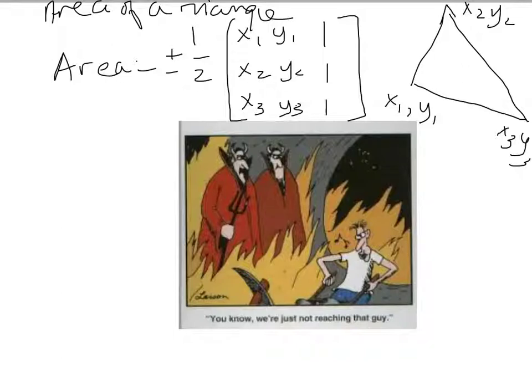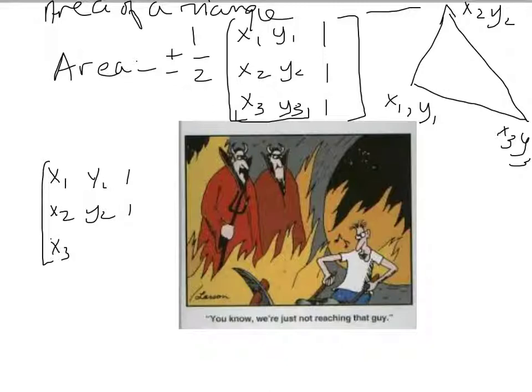Now before we can find the determinant, we need to repeat these two columns next to our matrix. So let me just do that down here. So I have x1, y1, 1, x2, y2, 1, x3, y3, 1. And next to that, I'm going to put x1, y1, x2, y2, x3, y3.